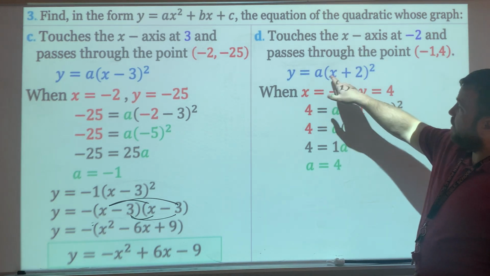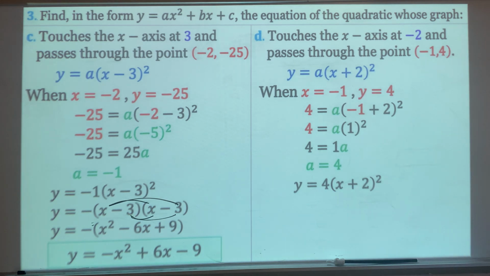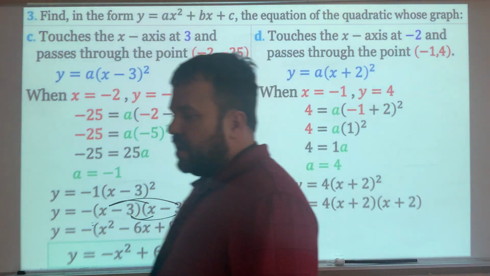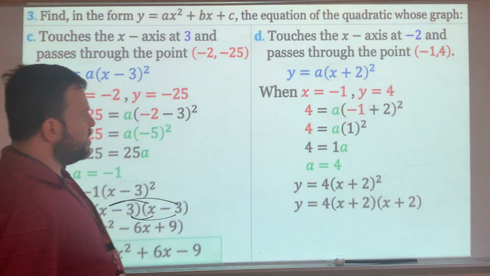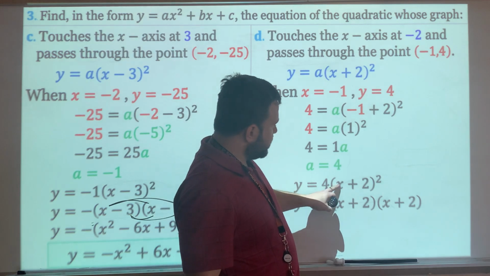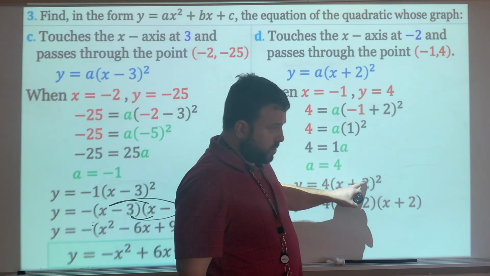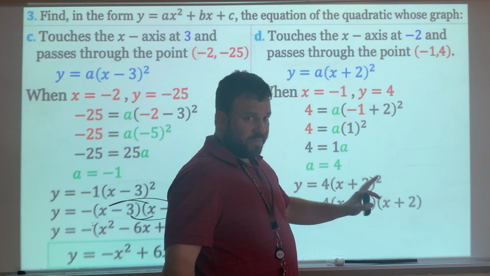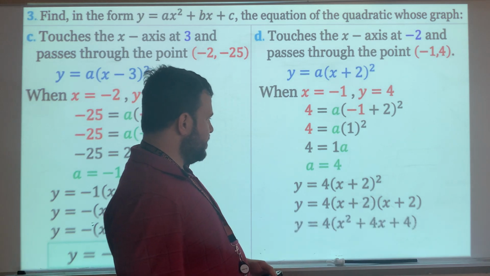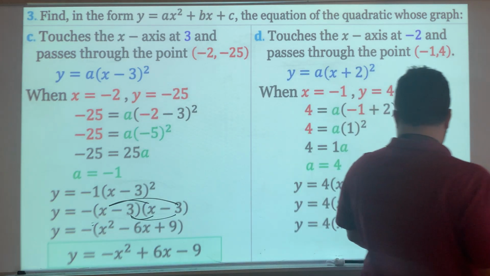Y equals 4 times x plus 2 squared. When you expand this, it is x plus 2 times x plus 2. You could also use a formula here. The formula is a plus b squared equals a squared plus 2ab plus b squared. We can get into that later, but you're going to end up with x squared plus 4x plus 4.